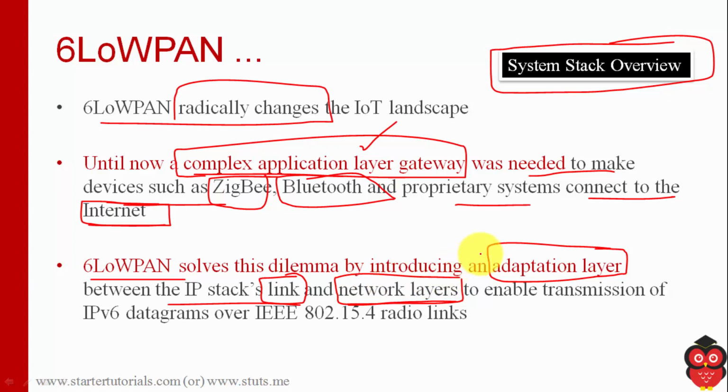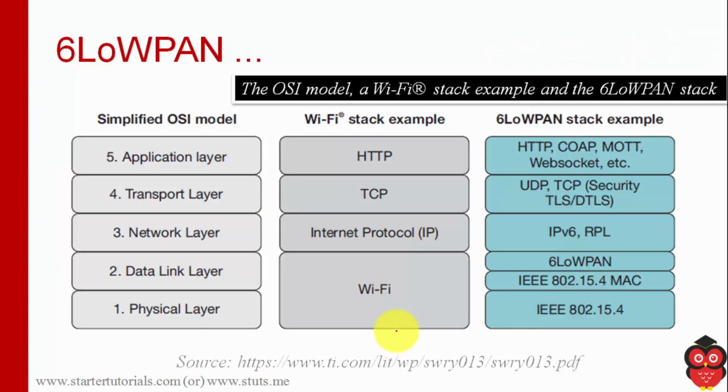In between them, 6LoWPAN introduces a new layer called the adaptation layer, for transmitting IPv6 data over IEEE 802.15.4 radio links. So this is the stack.